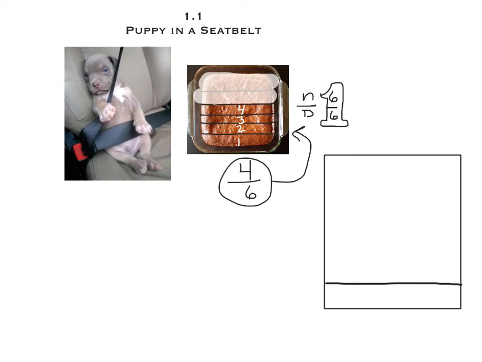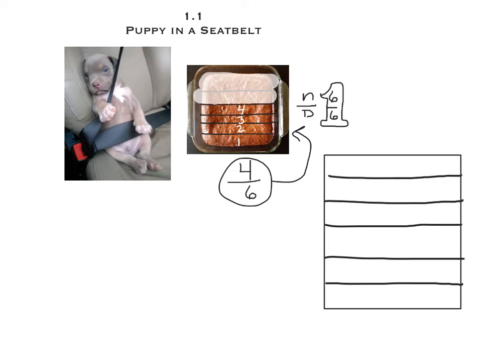So I've got 1, 2, 3, 4, and 5 parts, right? And now, if I'm looking at this, I'm going to fill it all in because originally I've got all of the parts here, right? So originally the pan of brownies was completely full, just like this.